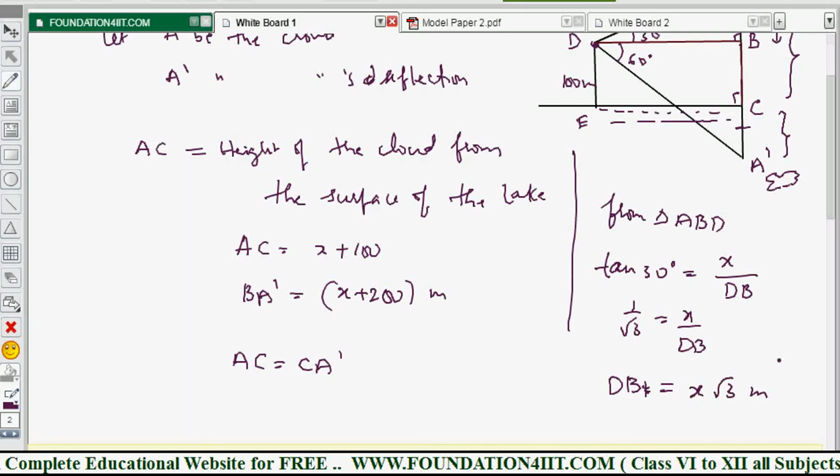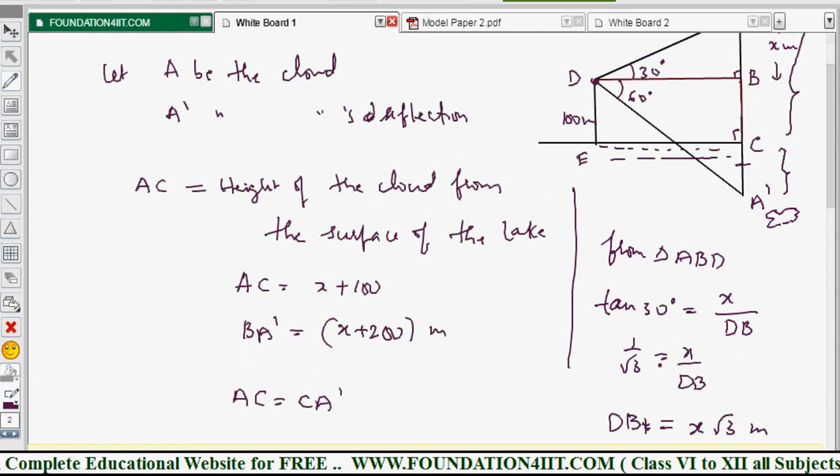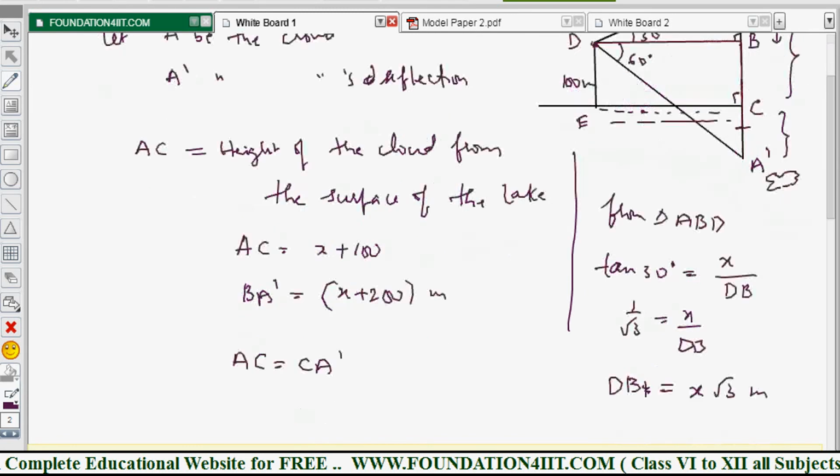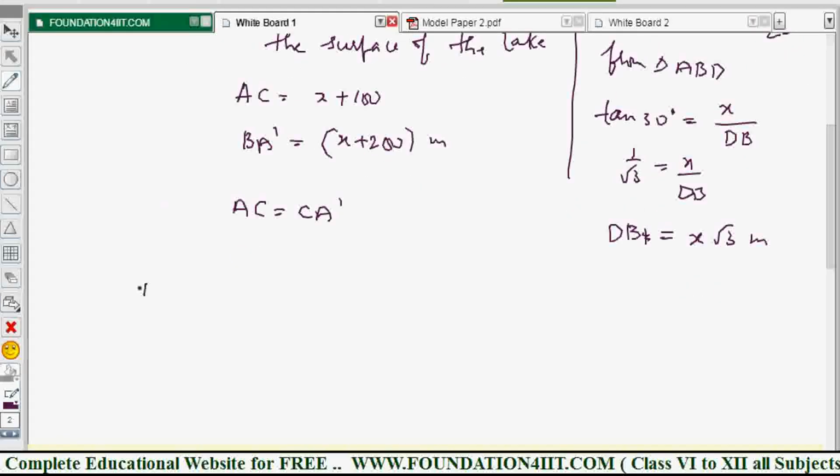And from another triangle, that is DBA dash. So from triangle DBA dash, tan 60 is opposite by again the same adjacent. Opposite is x plus 200, already we got that, by adjacent DB.